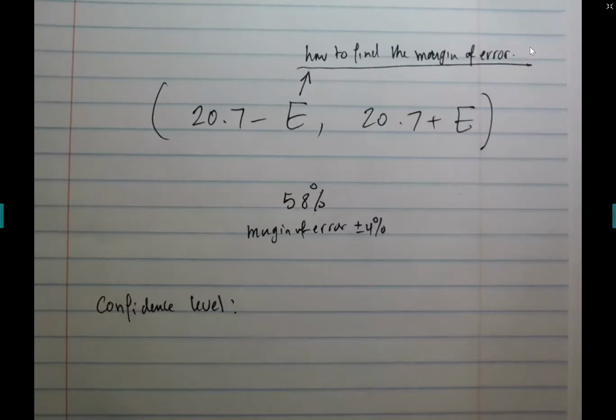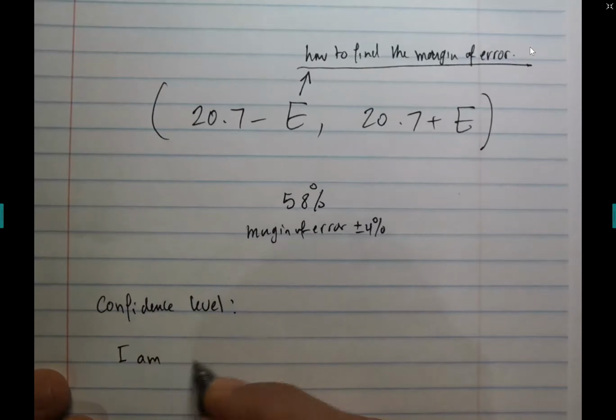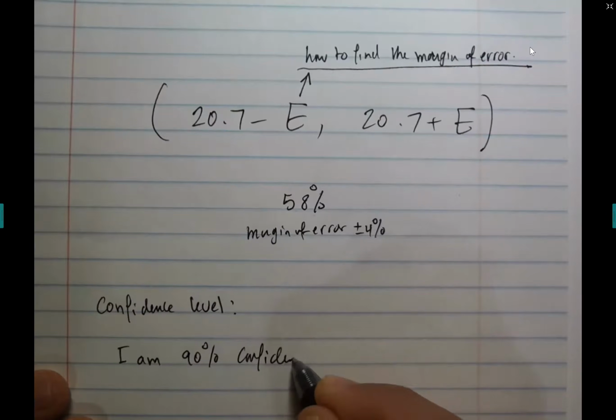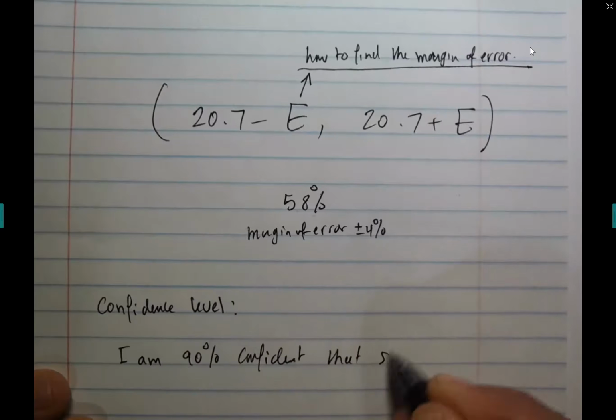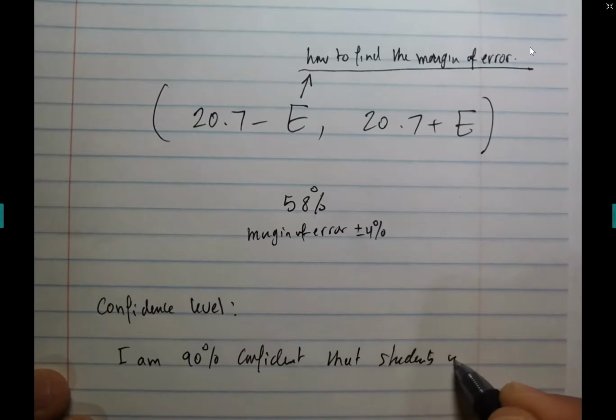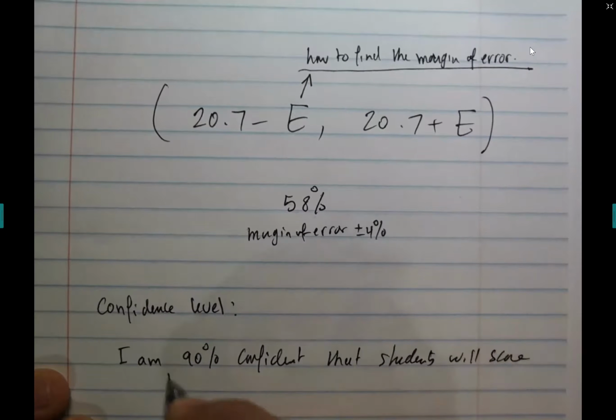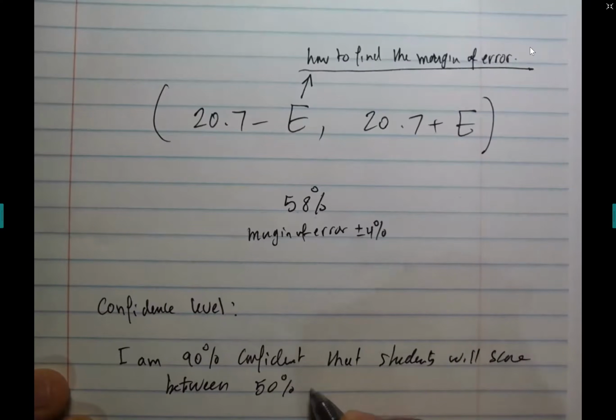When you want to make a statement, there is no such thing in statistics as a 100% confidence level. So we're going to lower the confidence level. I could say I'm 90% confident that students will score between 50% and 100% on the next test.